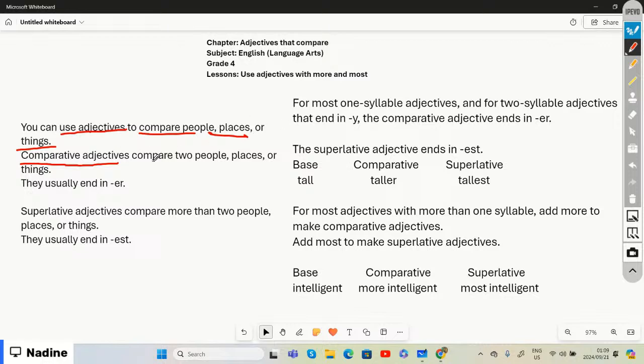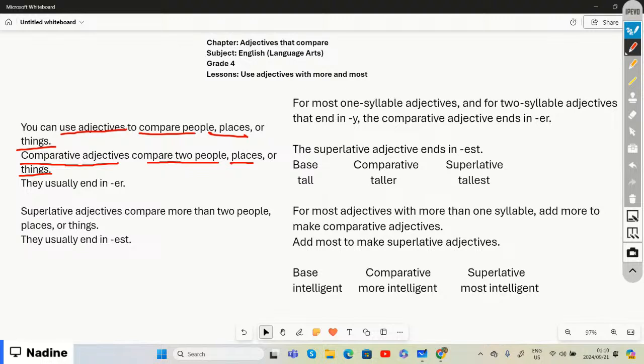Comparative adjectives compare two people, two places, or two things.